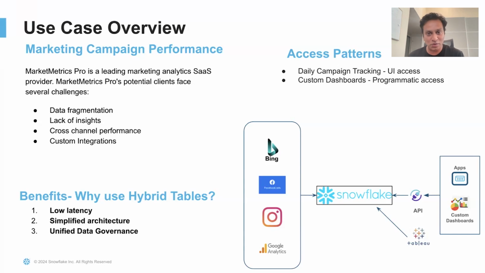You have a row store serving your operational queries via hybrid tables, and you have a columnar store serving your analytical queries. The other benefit is unified data governance, where we govern all of your transactional and analytical data with one central set of policies.